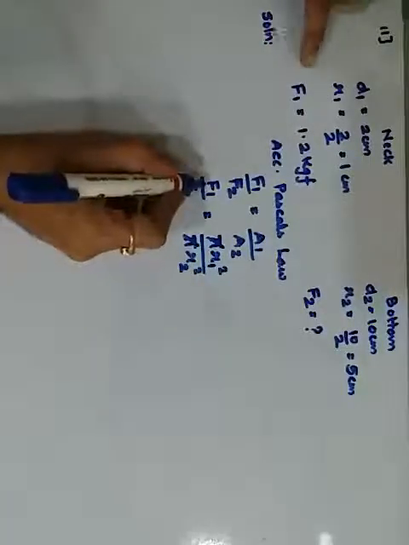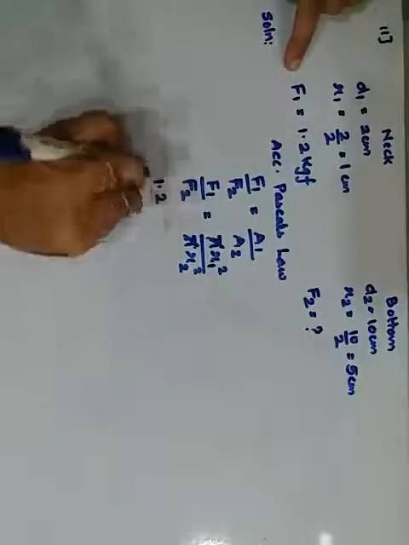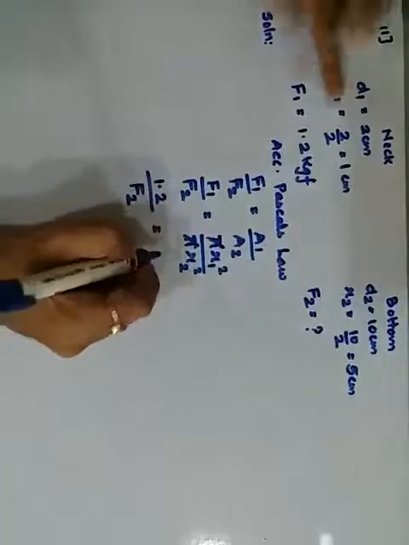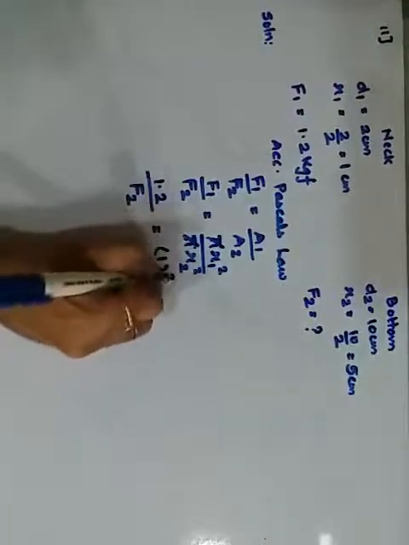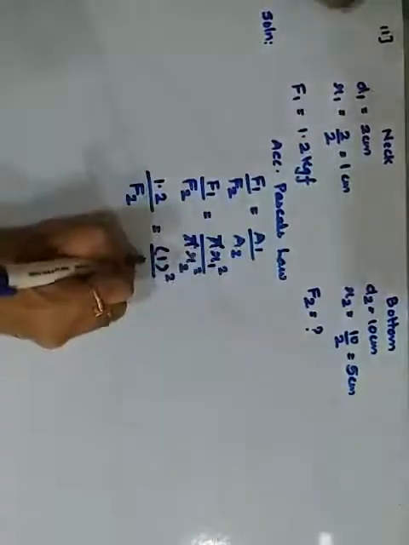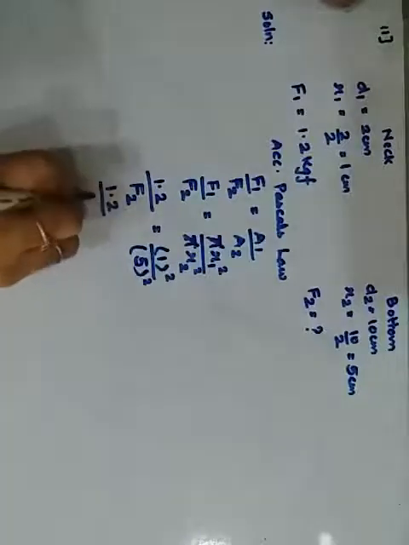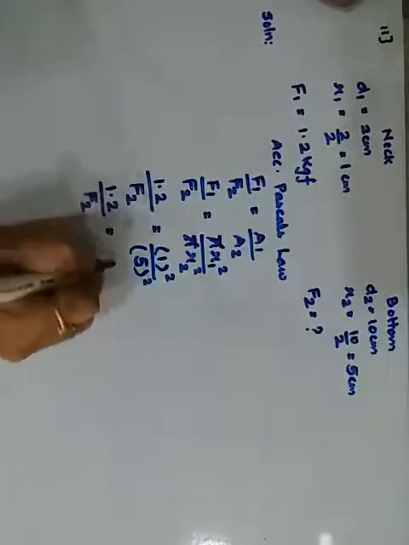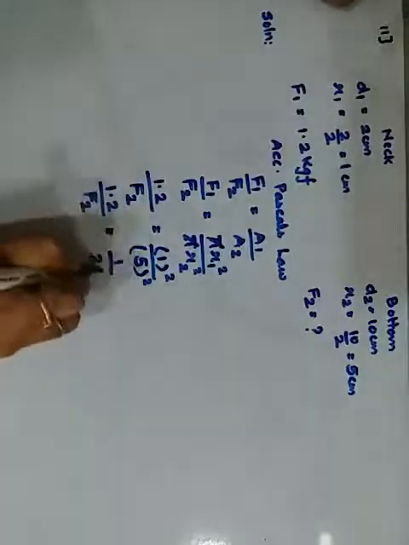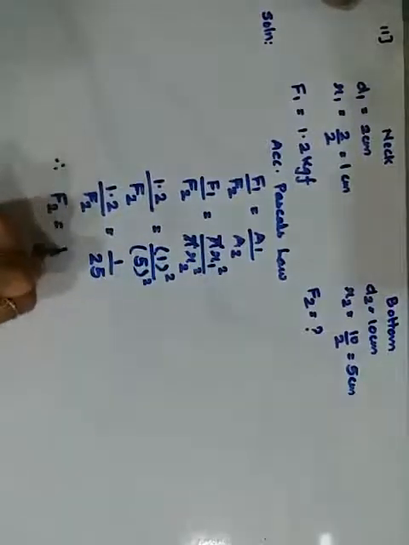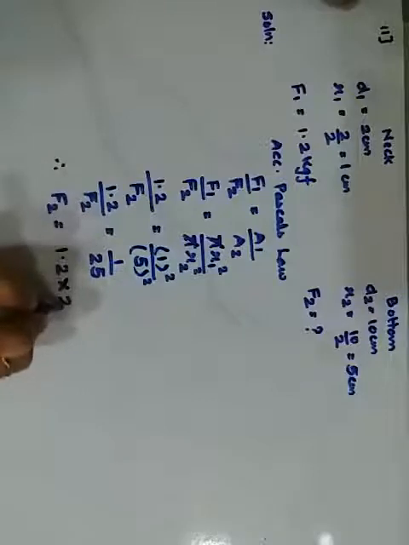F1 is 1.2 kilogram force, F2 we don't know, equals r1 squared upon r2 squared. R1 is 1 centimeter, so 1 squared, and r2 is 5, so 5 squared. Which becomes 1.2 upon F2 equals 1 squared is 1 and 5 squared is 25. This will be cross multiplied. Therefore F2 becomes 1.2 into 25.